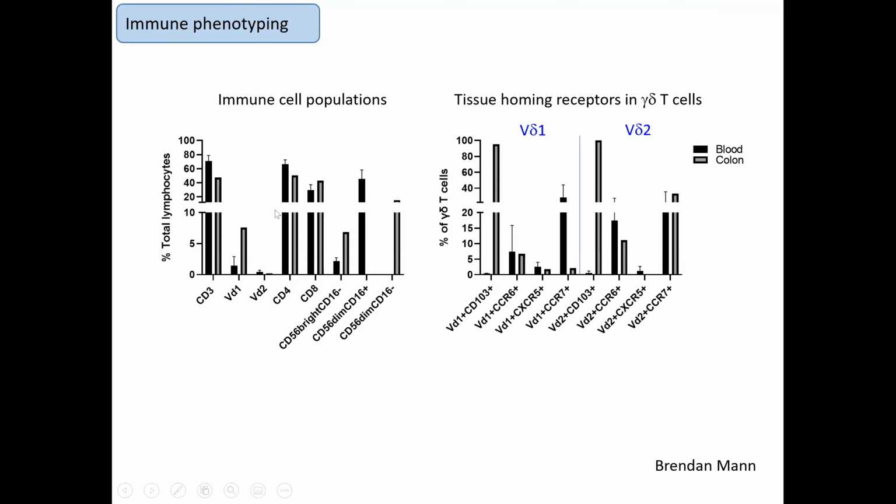Something that is important to highlight here, and this is just comparing gut and blood, not the healthy with the people living with HIV. This is expected, a higher proportion of VD1 in the colon, represented in gray, compared to the blood. And regarding tissue homing receptors in gamma delta T cells, we see very high expression of CD103 both in VD1 and VD2 T cells in the colon compared to blood.